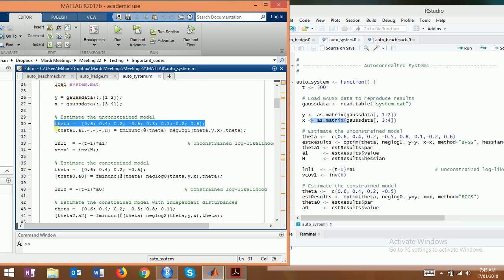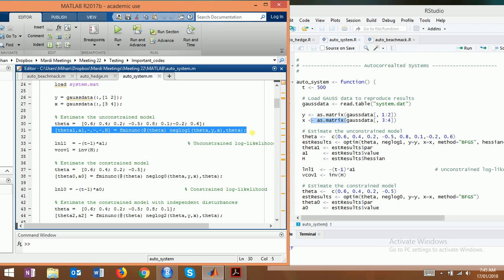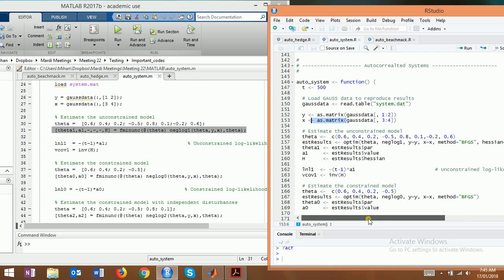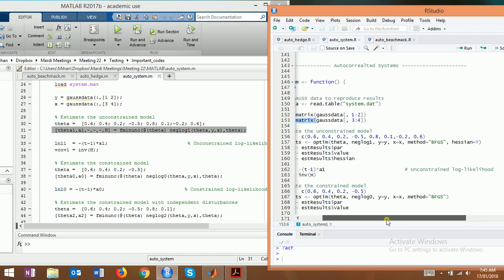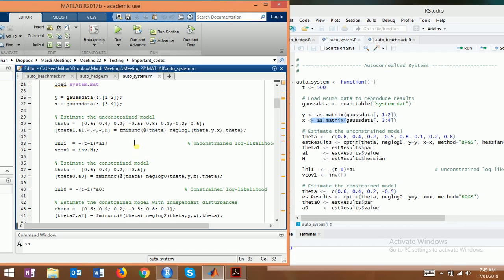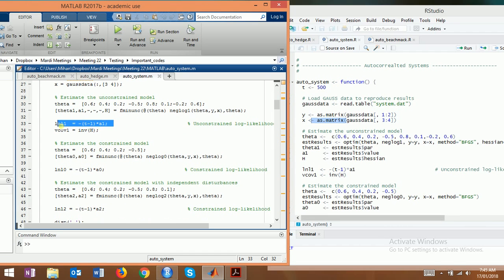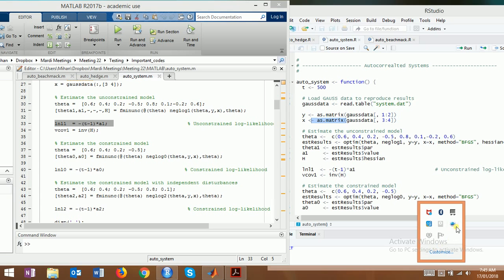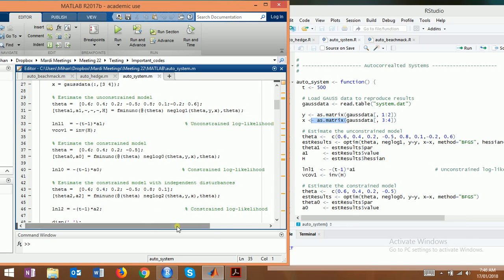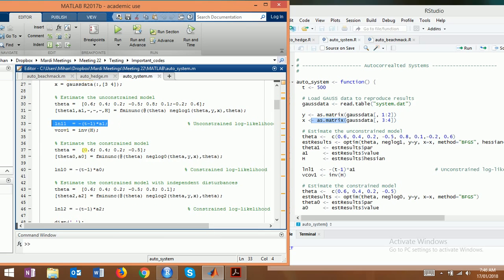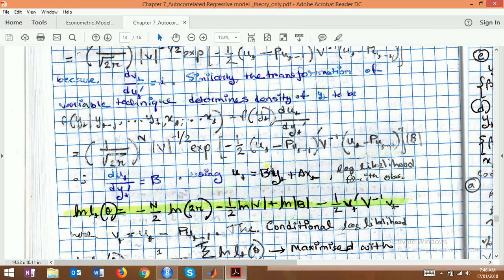These are the theta initial values given to us. Then we run the optimization, right? Then log L a1 minus t minus 1 1. You may ask about the unconstrained log likelihood, where is it coming from? Just have a quick look.